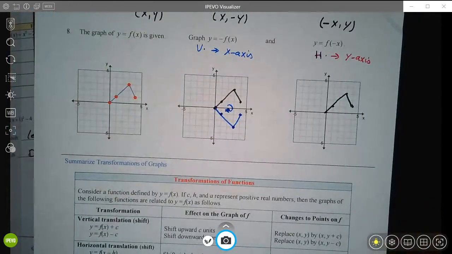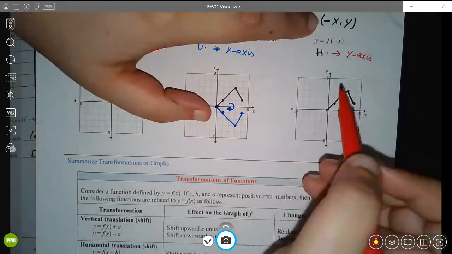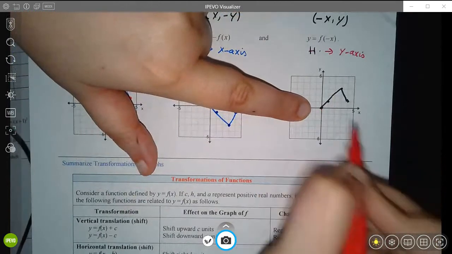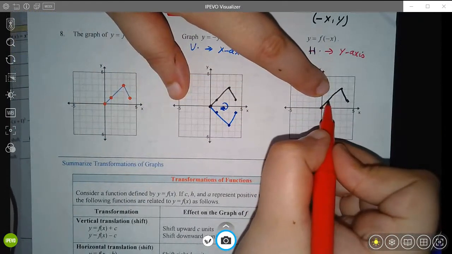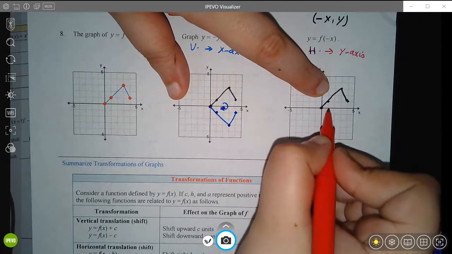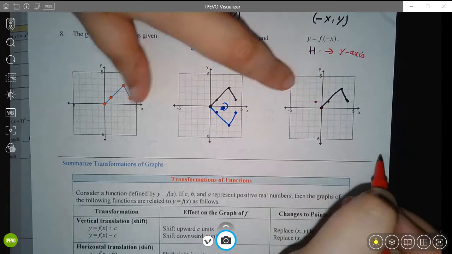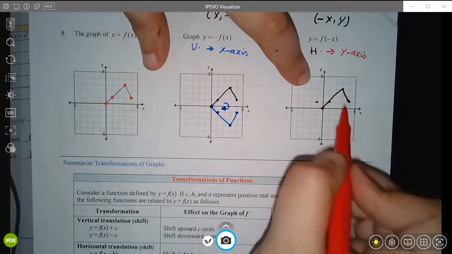Let me switch color. Okay, so now the x values are going to turn negative. So 0, 0 stays as 0, 0. Now, when y is 1, x was positive 1. Now it's going to become negative 1. So right here. When y was 3, x was positive 3.